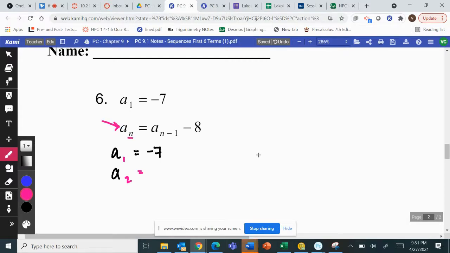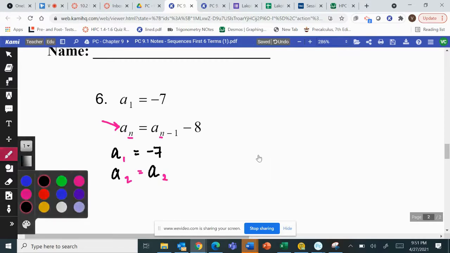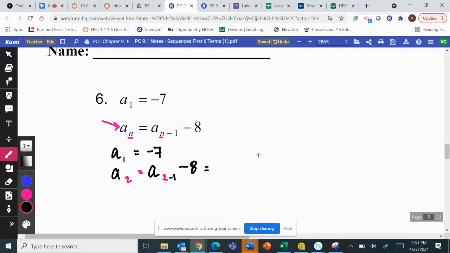So wherever I see an n, I'm going to plug in 2. So I will have a sub 2 minus 1 minus 8. I'm going to simplify that a little bit, and I get a sub 1 minus 8. Well, I already know what a sub 1 is. It's negative 7. So I substitute a sub 1 for negative 7, and I get negative 7 minus 8, which is negative 15.